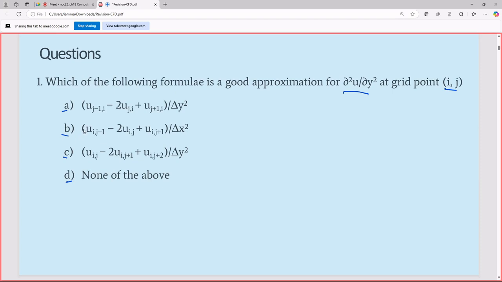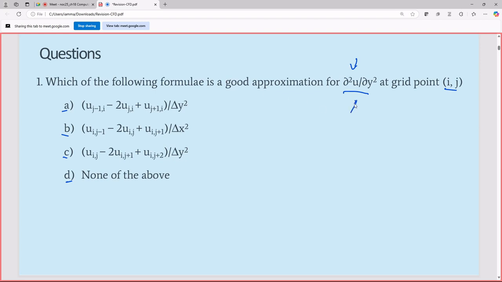It's a second order term here, ∂²u/∂y². Try to recollect how we have discretized this in the past, and which scheme we will be choosing for discretizing second order spatial derivatives.